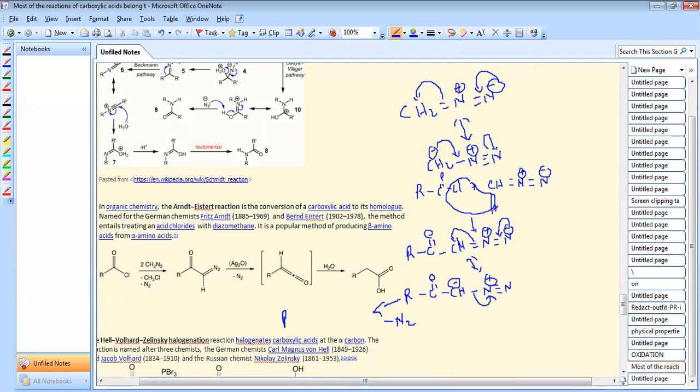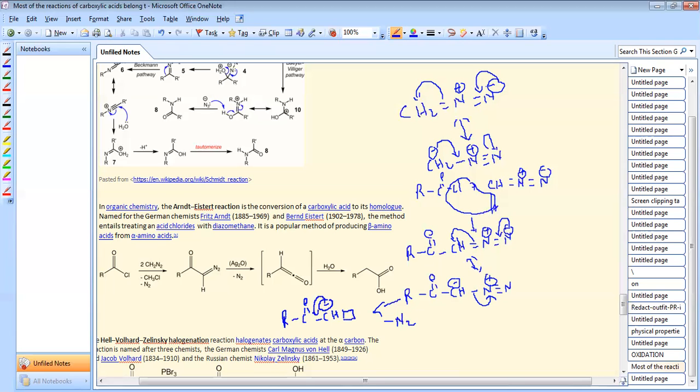So then we get C double bond O, CH minus, and by hydrolytic cleavage of this bond, a vacant orbital is created. This is known as a ketene, and these ketenes again undergo rearrangement.